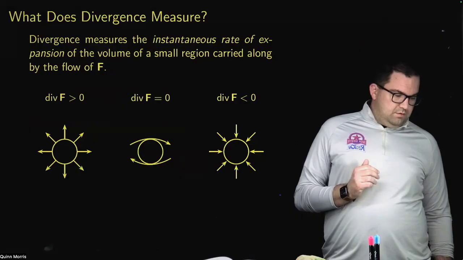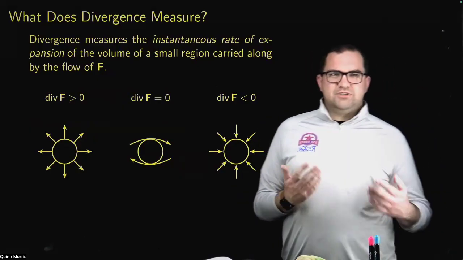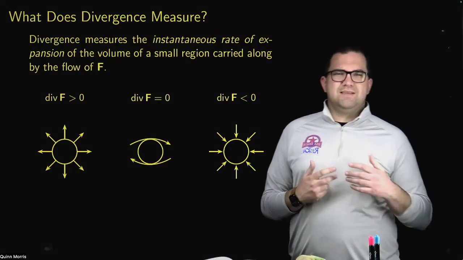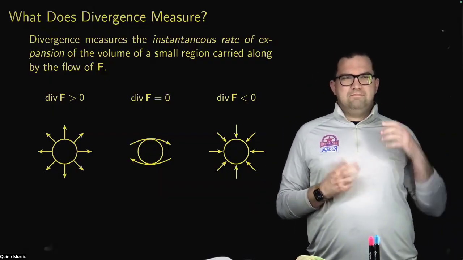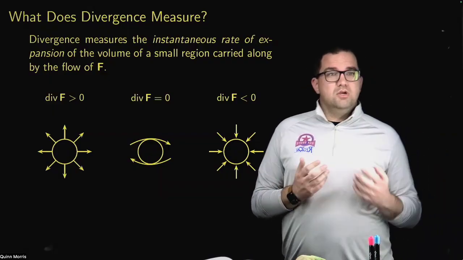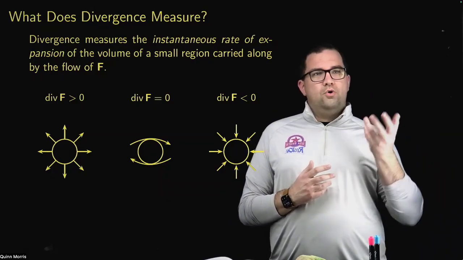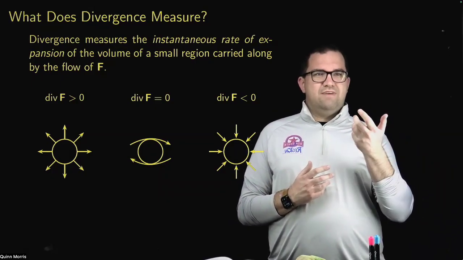Okay. Now, the natural question that comes out of this, once you realize you can compute it, is: that's great, but what is it actually measuring about a vector field? You'll recall we said curl measured the rotation of the vector field.